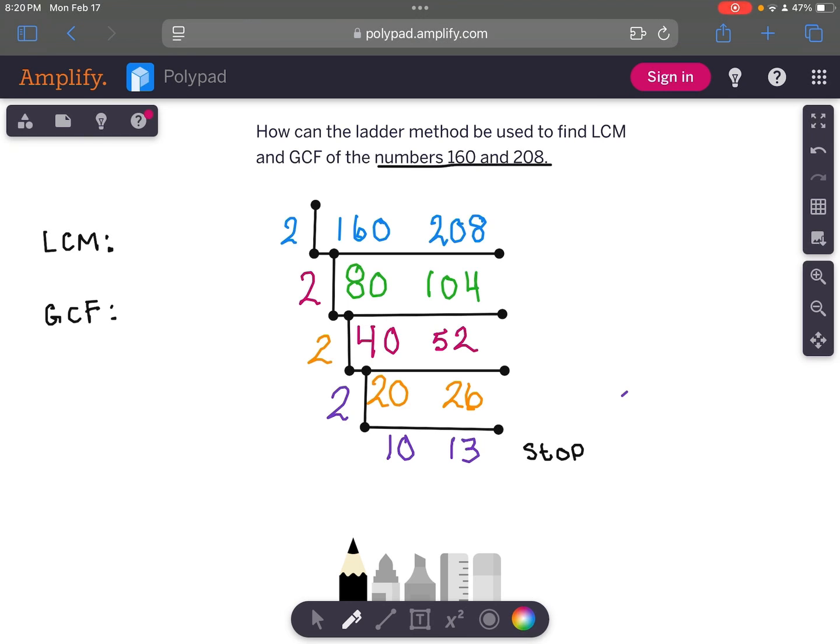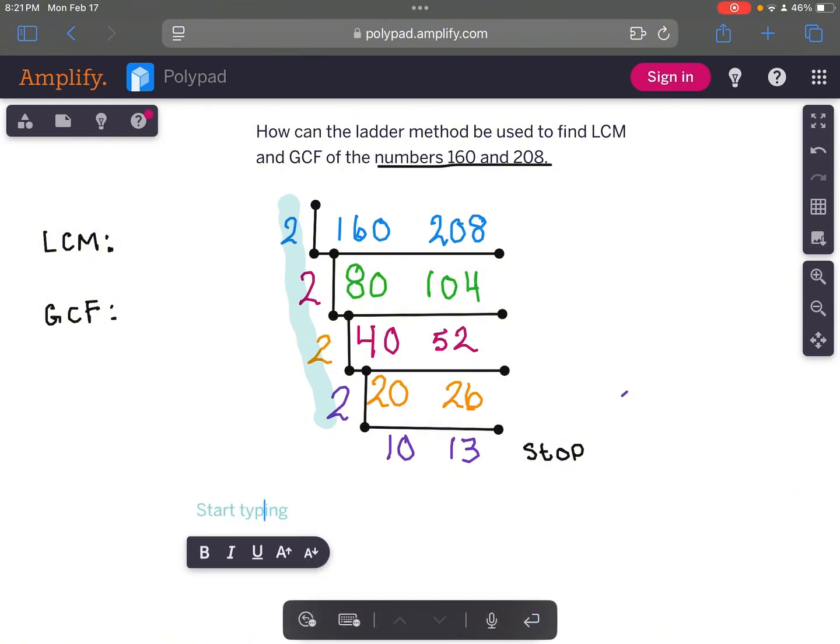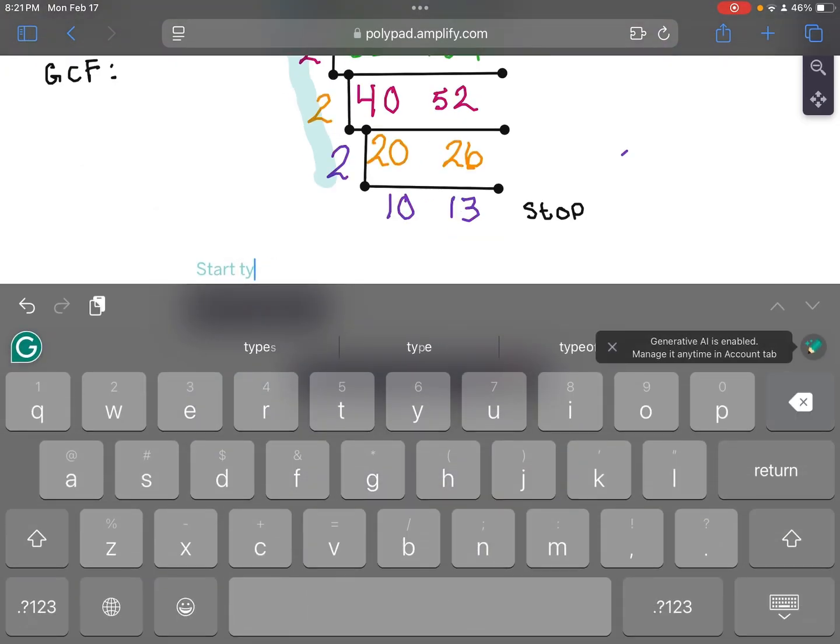So how to solve this? To solve your greatest common factor, we would multiply all the numbers we use to divide both numbers. All of these are the numbers that we used. We divided by both numbers. What numbers did we use?